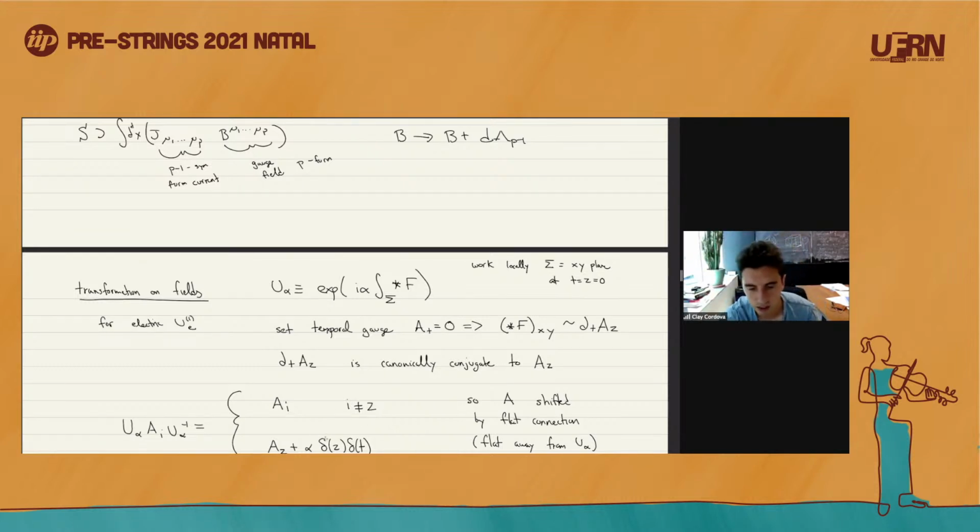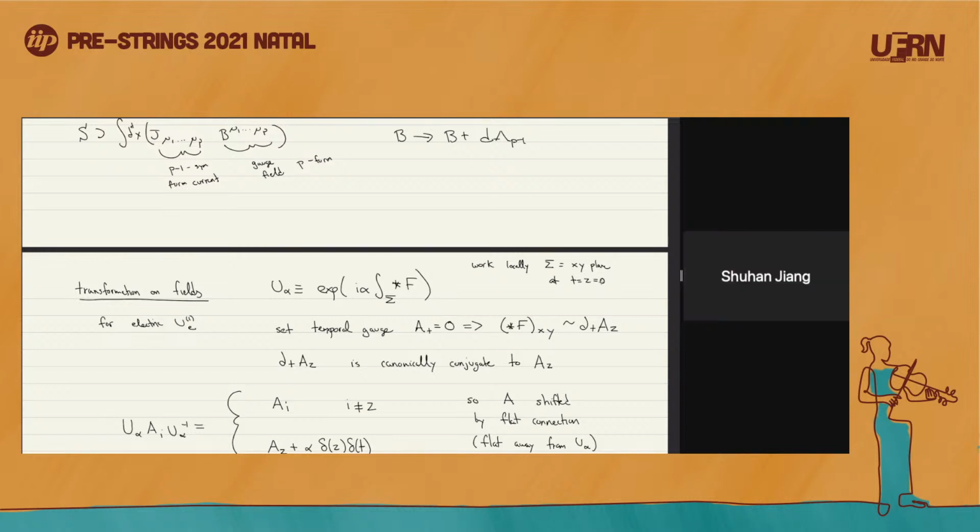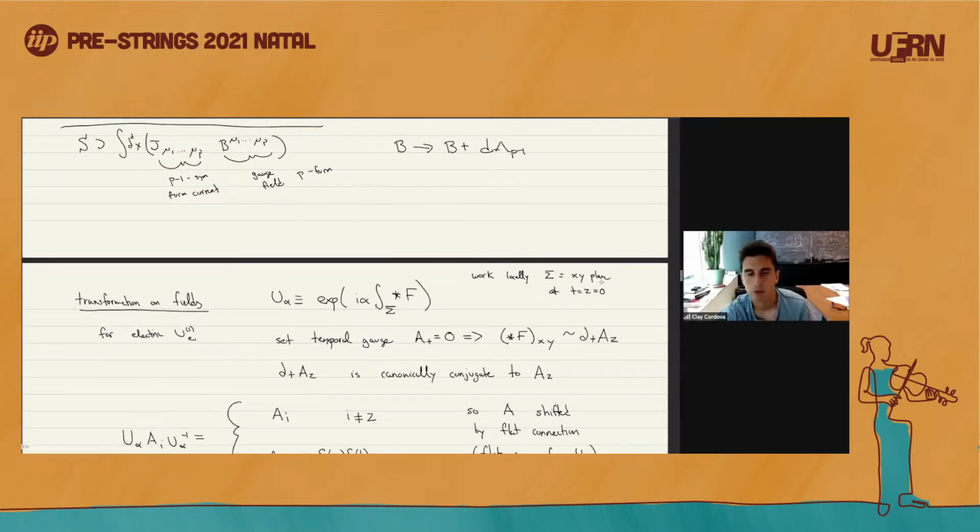Like this is delta of z, delta of t, because this thing is the plane t equals z equals 0. Okay, yeah, thank you. So there's not really any loss in generality in taking sigma to be the xy plane and working locally.